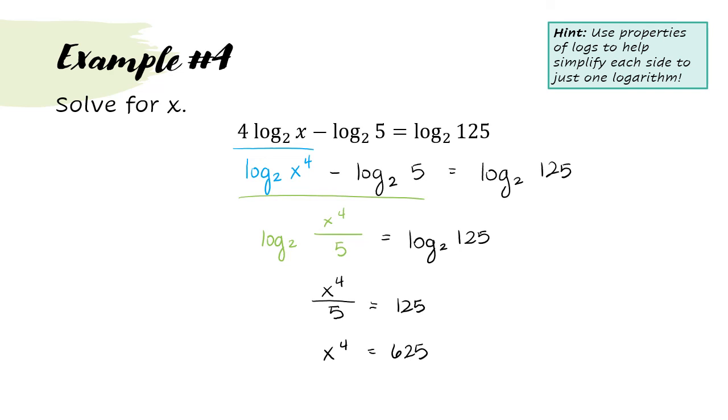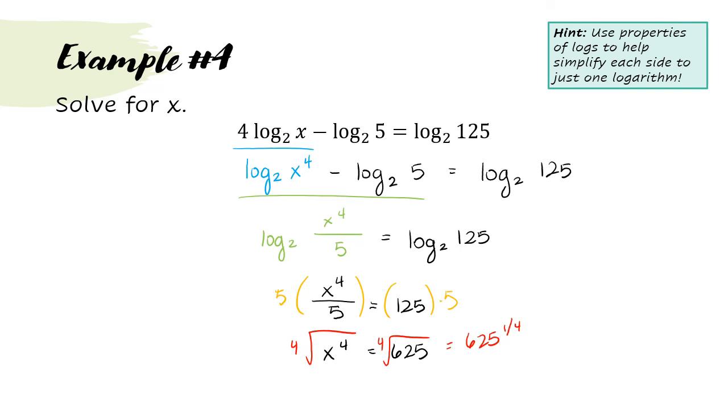Okay, then we want to take the 4th root, perhaps. Maybe I'll write that this is what we did, multiplied both sides by 5. And then we'll take the 4th root. Now, suppose you wanted to plug that into your calculator. Remember, you could always type 625 to the 1/4 power as well.